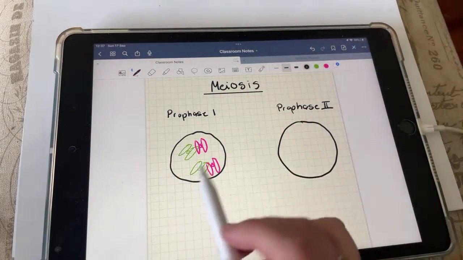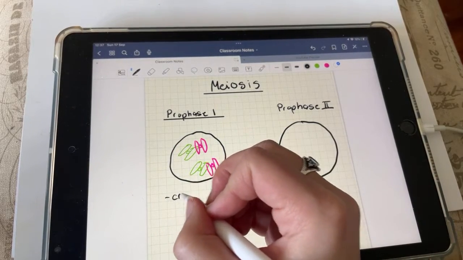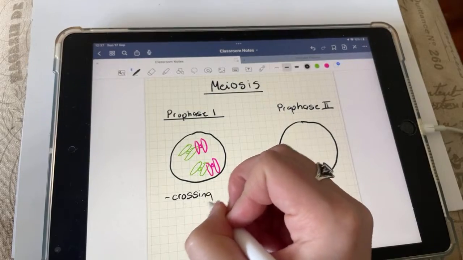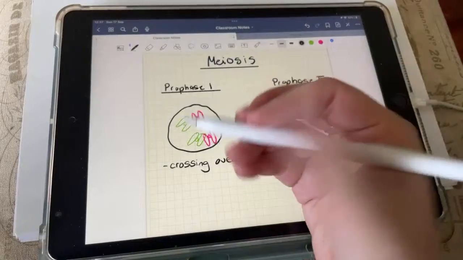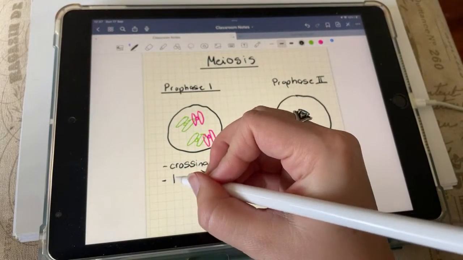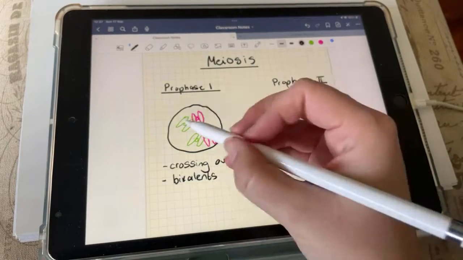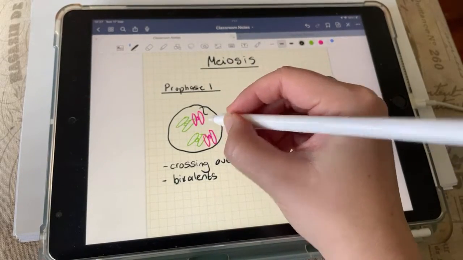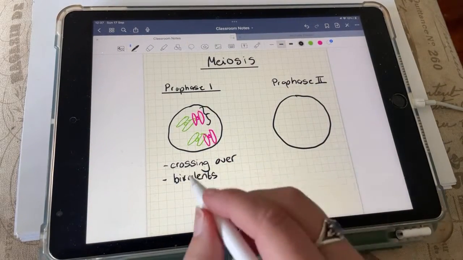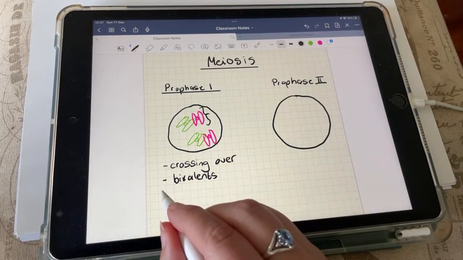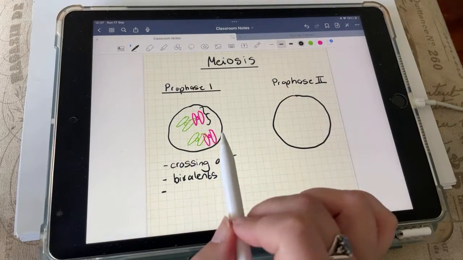So when I'm looking for prophase 1, what am I looking for? I am looking for crossing over, homologous pairs. I am looking for bivalence, which, by the way, these are bivalence. This partnership here, when they're touching, is bivalence. And also, I know that I am in prophase because they haven't arranged themselves anywhere particular in the cell.